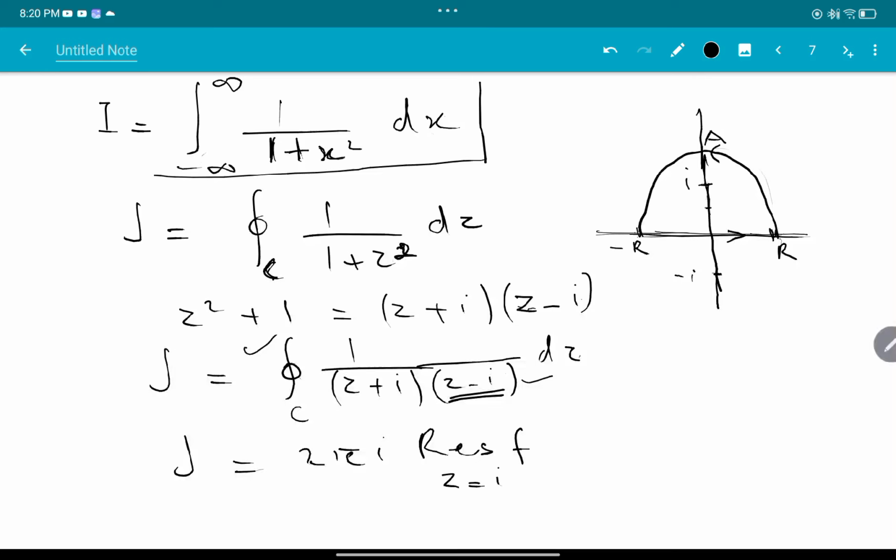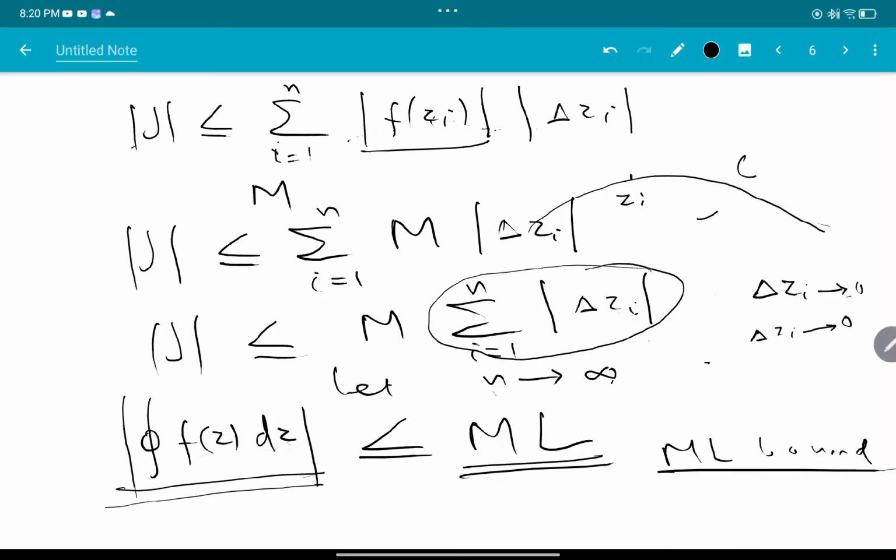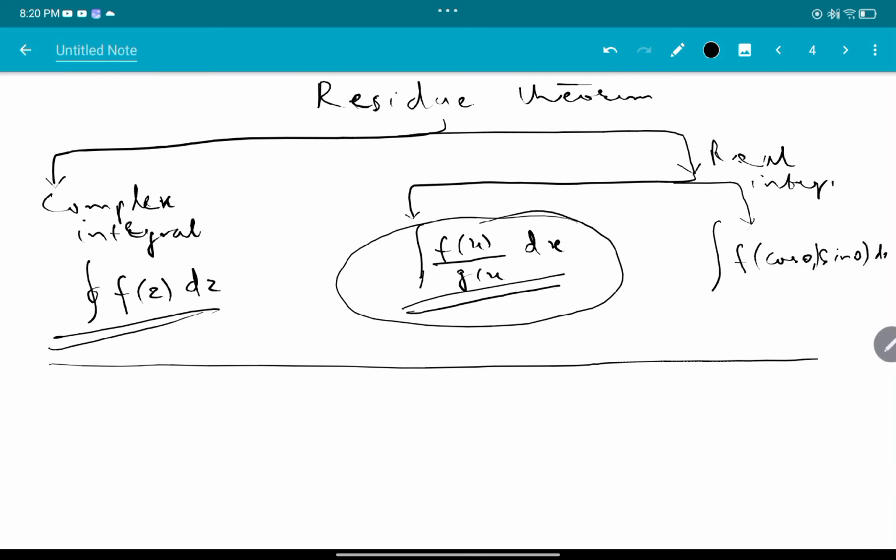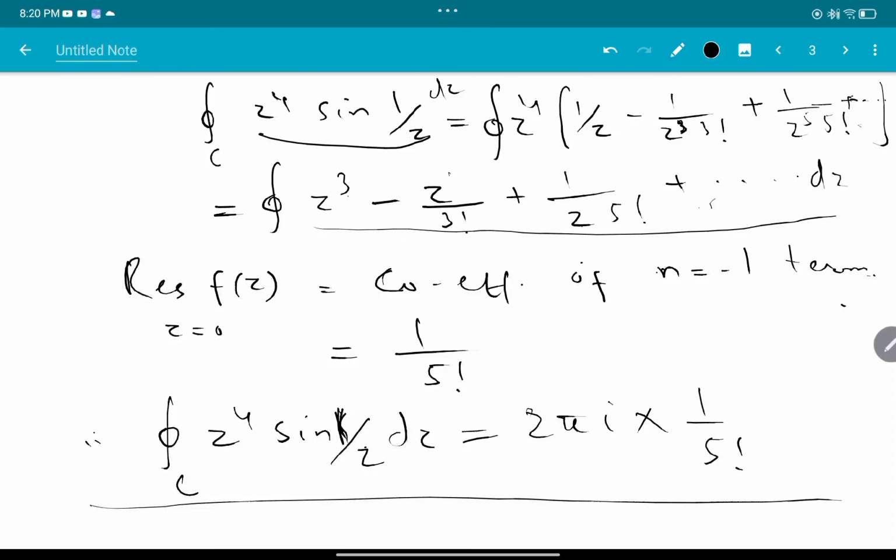Now I have to calculate the residue of the function at z equal to i. Since z equal to i is a simple pole, not a pole of higher order, I will use the simple formula for that.